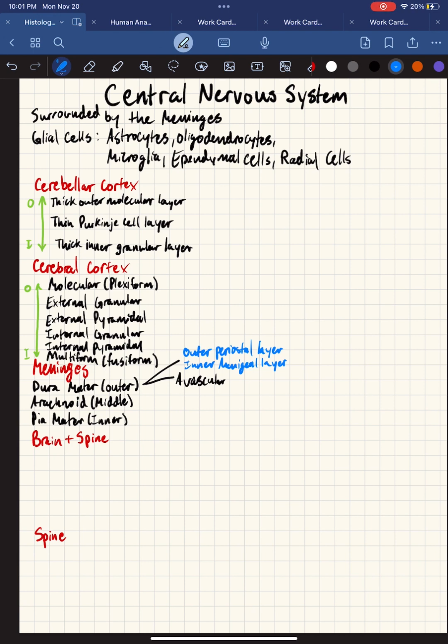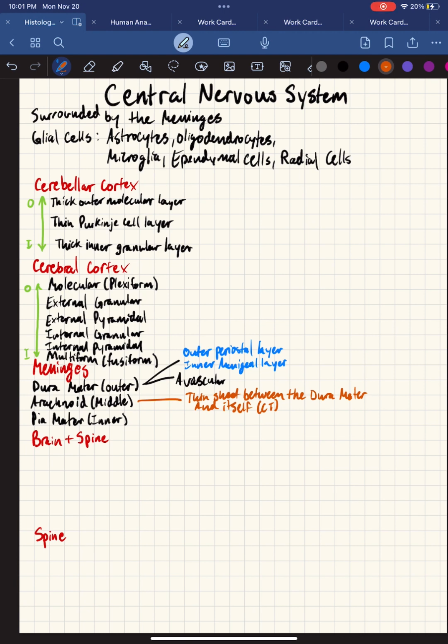Okay, and then now we've got the arachnoid, which actually does several neat things. First of all, it's a thin sheet. I mean, obviously, since it's in the middle, a thin sheet between the dura mater and itself, and it's made of connective tissue.